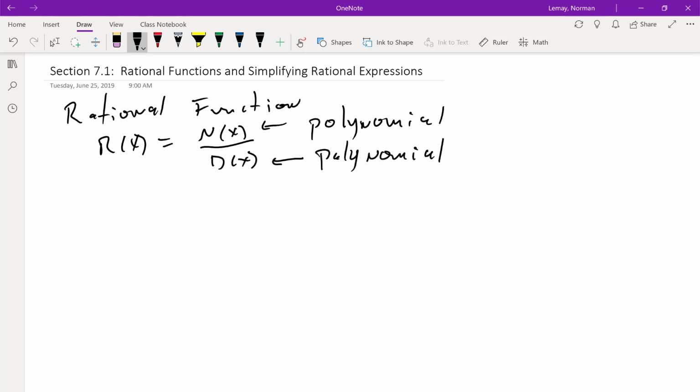Basically, a rational function is the ratio of two polynomial functions.